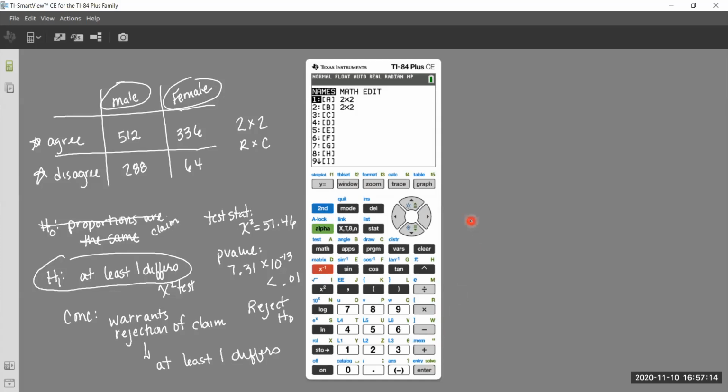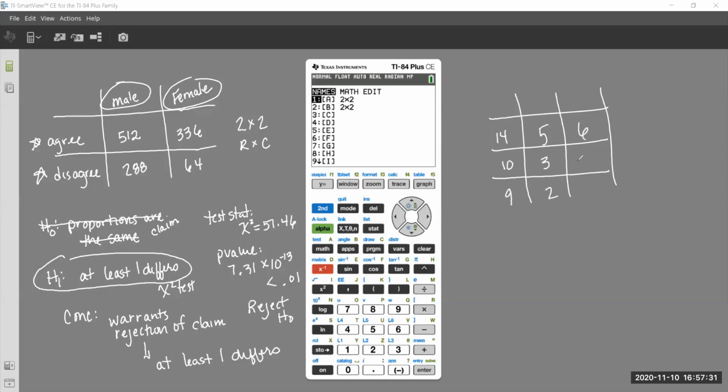So let's say I had, and I'm just going to make one up here, a 3 by 3. So I'm going to have 3 rows, and I'm just going to put whatever numbers in here. Okay, that's not a negative, that's just a 4.